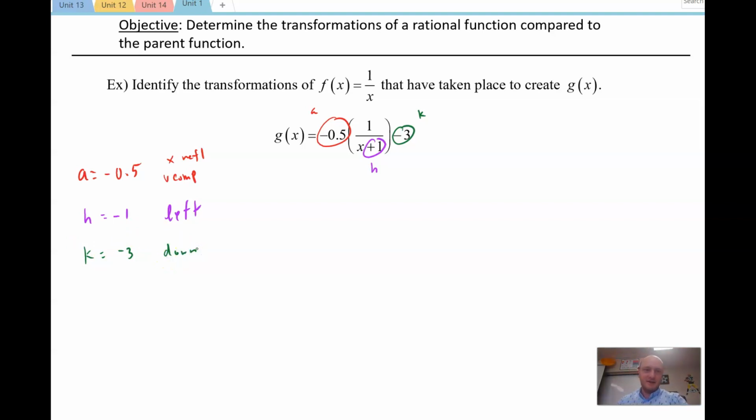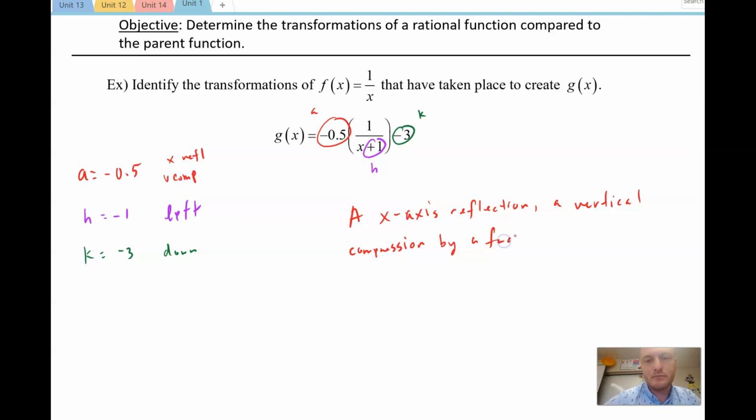Okay, so there is our answer. What do we have? We have an x-axis reflection, a vertical compression by a factor of 1/2. Hey, can I do that? Is that illegal? I will make it illegal.